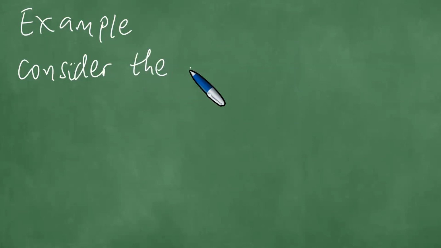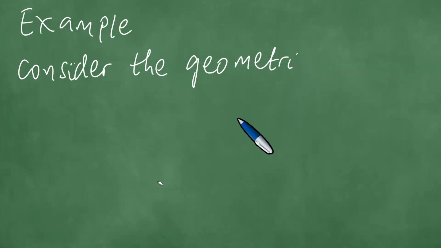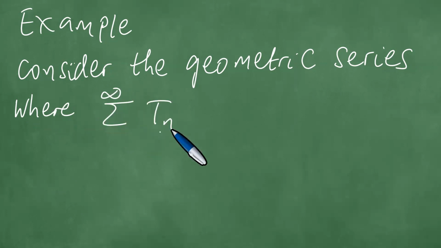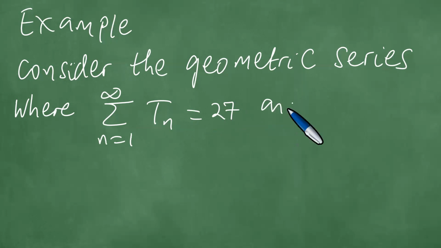Consider the geometric series where the sum from n equals 1 to infinity equals 27, and S3 is 26.